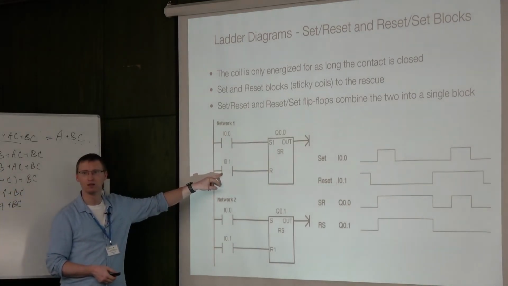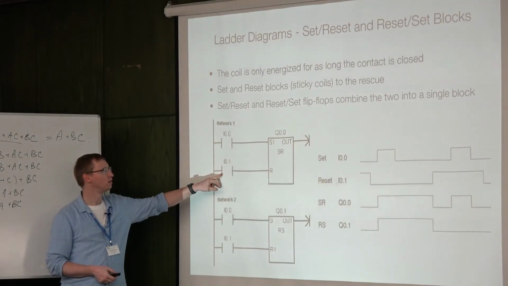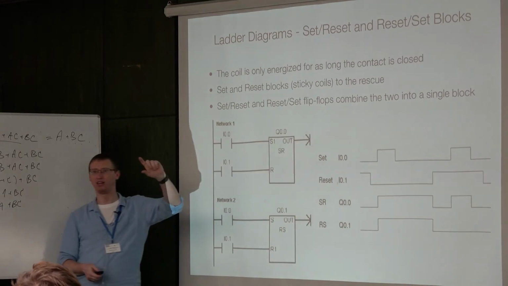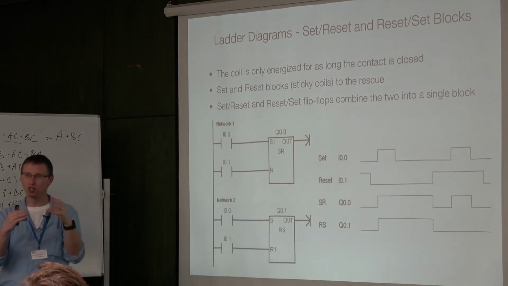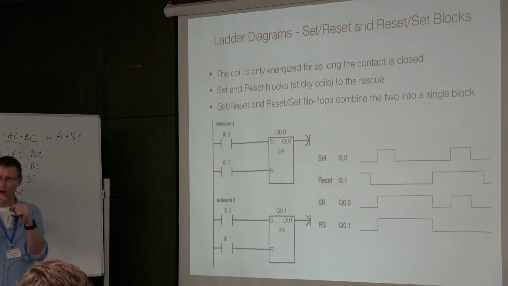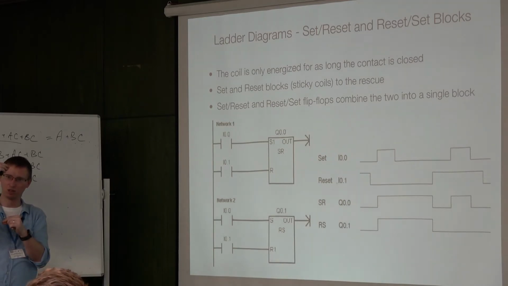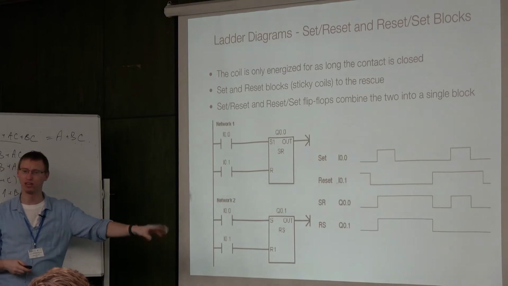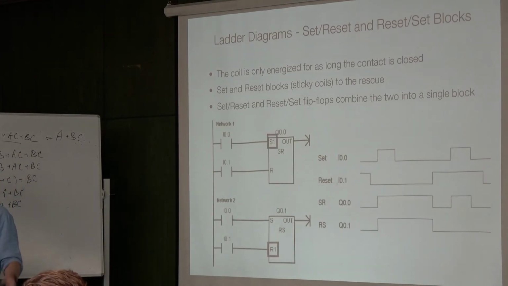So in this case it's R. R takes precedence over S1 because it's more to the bottom. Because it's executed after S1. So this one here determines which of them is placed on top of each other. So internally, in the block, they would be automatically either reset on the top or reset on the bottom, depending on which of those two blocks you take from the library. So these details are really handled inside of these set and reset blocks. Okay.